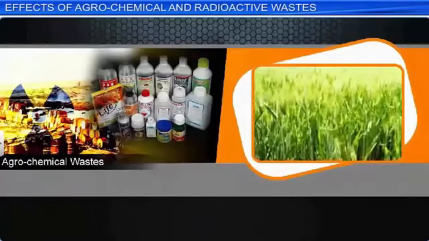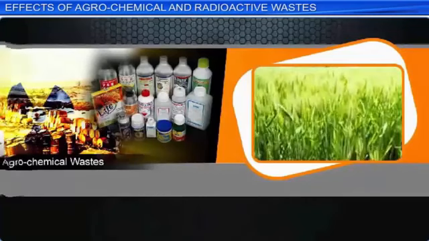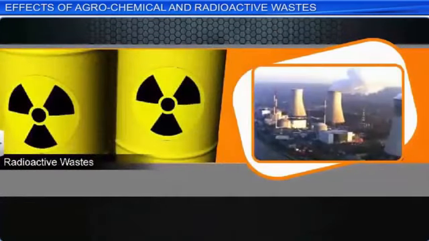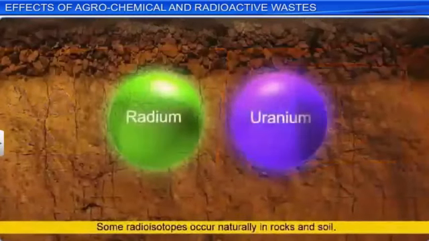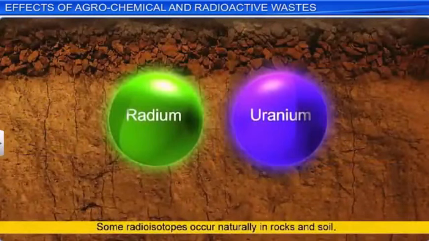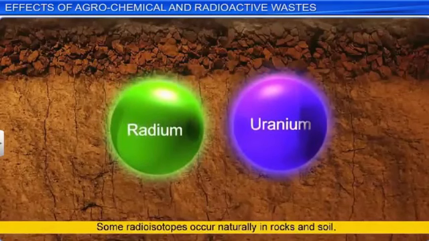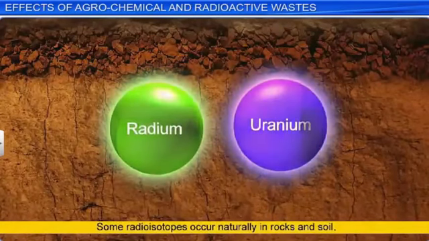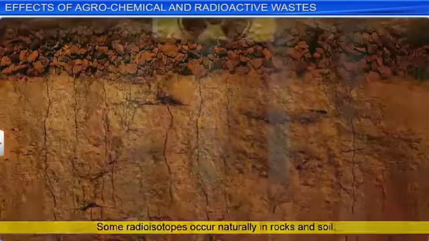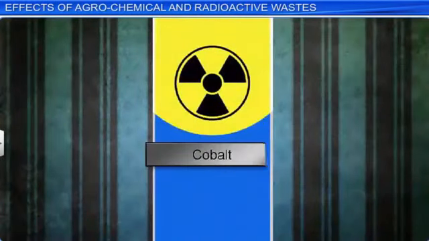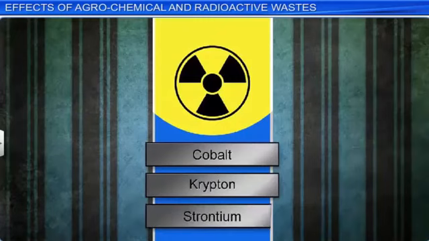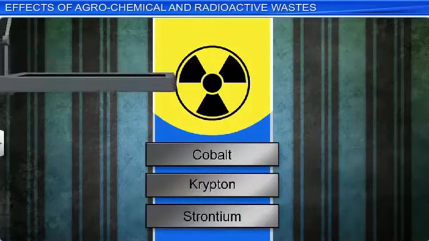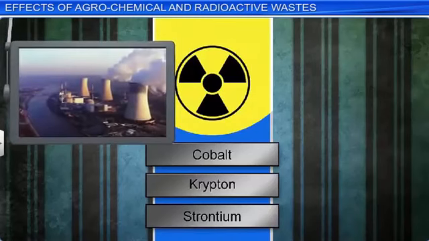Besides agrochemical wastes, another hazardous waste is radioactive waste, which is polluting our environment. Although some radioisotopes such as radium-226 and uranium-235 occur naturally in rocks and soil, others like cobalt-60, krypton-85 and strontium-90 are formed as fission products from nuclear reactors and atomic bomb fallout.